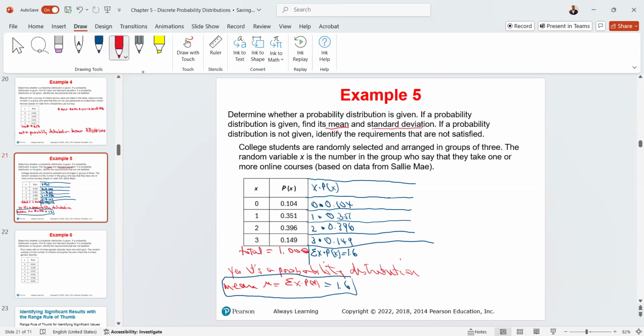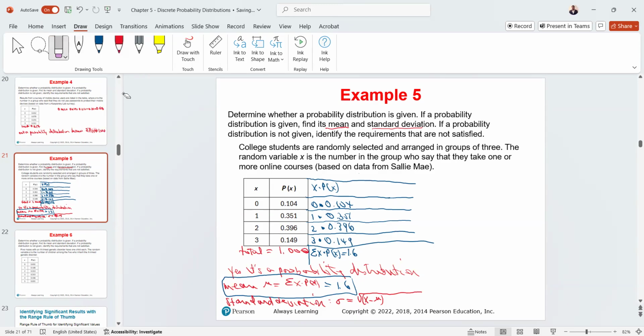Now, the next question is to find the standard deviation. Remember, standard deviation is sigma, because we're dealing with a population, and it is the square root. We went over the formula already.